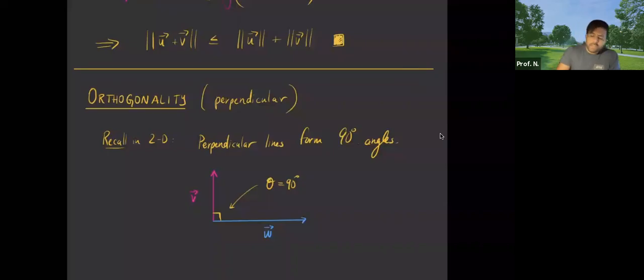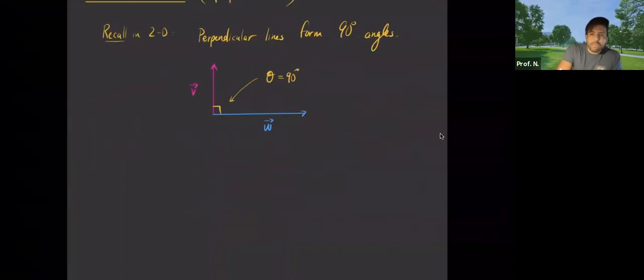But where does this 90 stuff come from? Where does this angle stuff come from? Remember the dot product? What do you guys remember about the dot product? The dot product between V and W is the norm of V times the norm of W multiplied by the cosine of the angle.